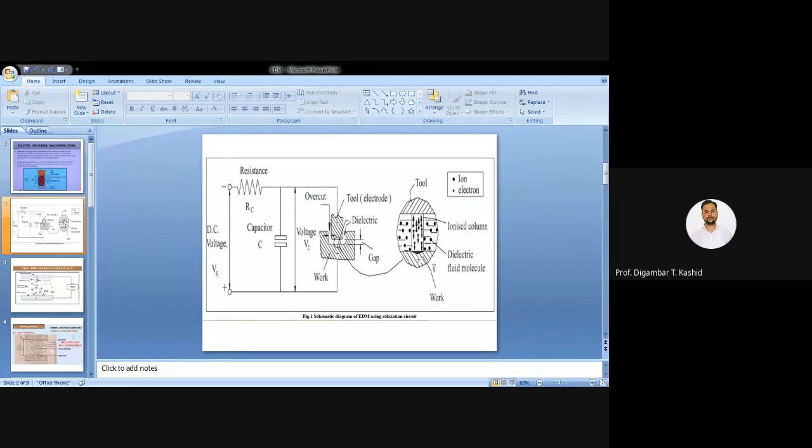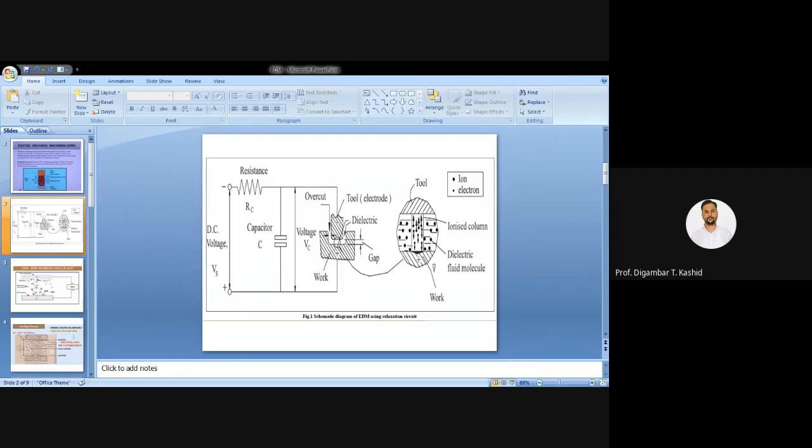Because this sparking occurs in a very small gap or very small area, you can consider it in microns, the metal from your workpiece starts melting.